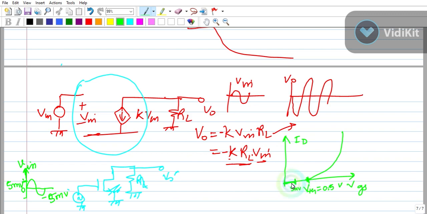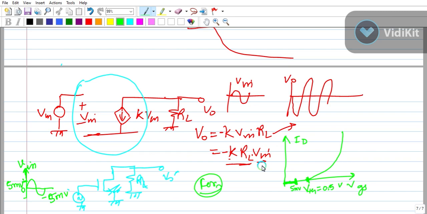For making the MOSFET on, we have to give VGS more than VTH. That is the condition to make the MOSFET on. But here you can see VGS is smaller than VTH. It is only 5 millivolt. So it is here, which means the MOSFET is off. So we have to turn on the MOSFET, then only we can amplify our input signal.